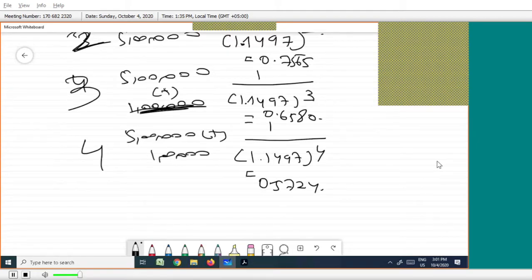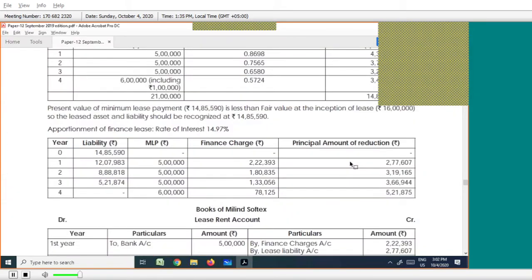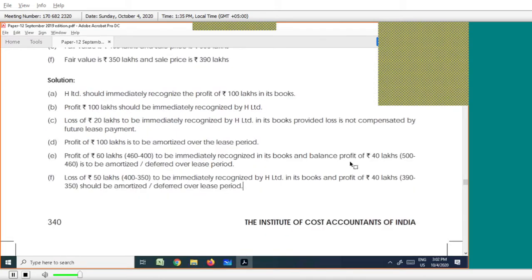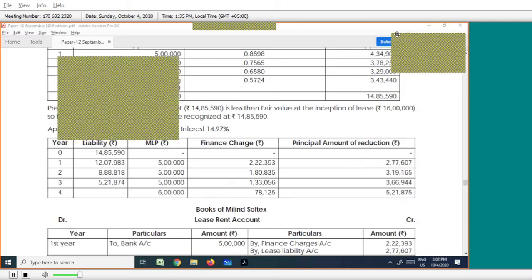So what should I do now? 5 lakh into 0.7565 is how much? 3 lakh 78,250.